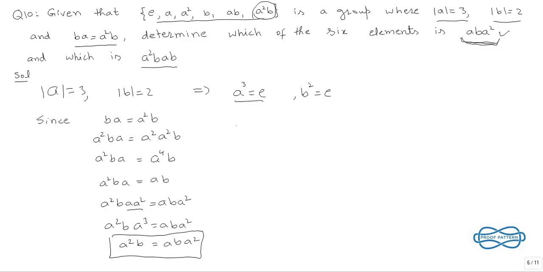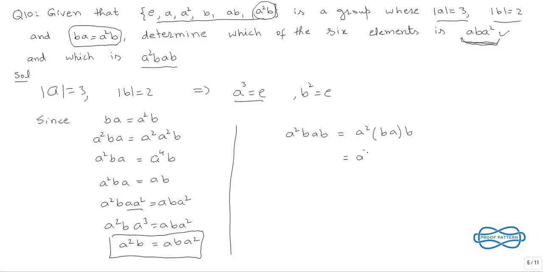Now the other element is a square b a b. We can write it as a square b a into b, and we know that b a is equal to a square b.